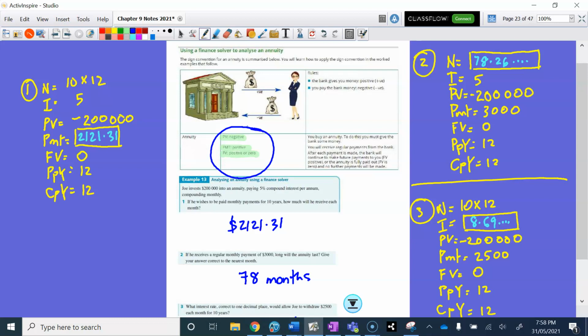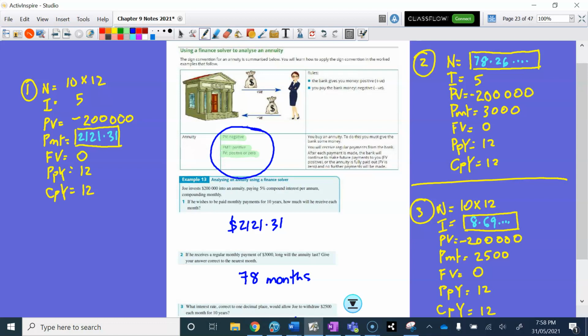You're never going to have to pay more into the future value. The future value is owed to you, basically. It's your money. So it's really important to remember those direction signs: PV always negative, payment always positive in an annuity, and future value either positive or 0, never going to be negative.